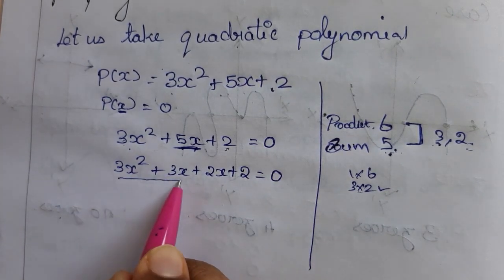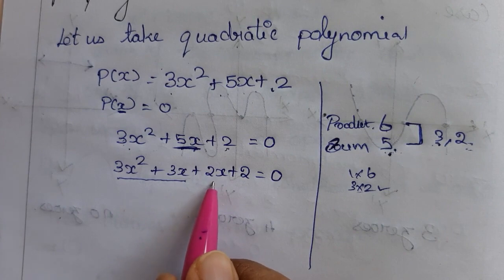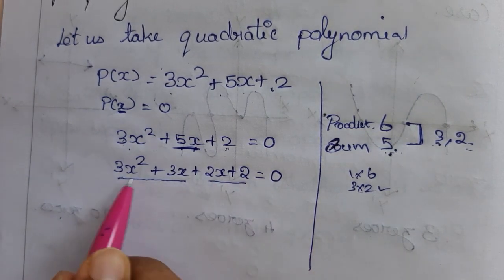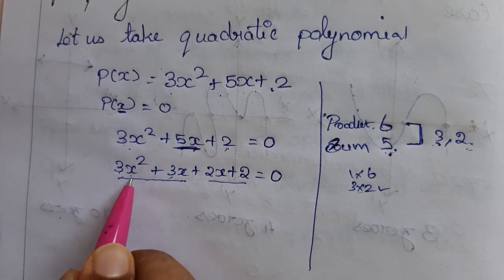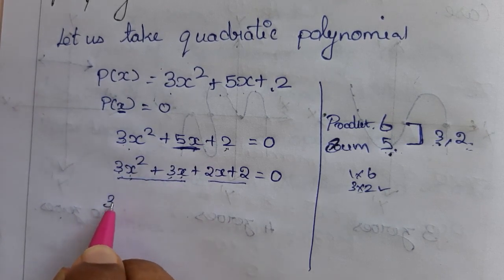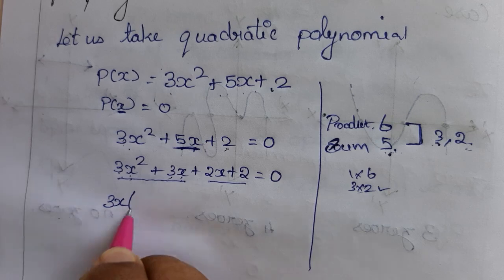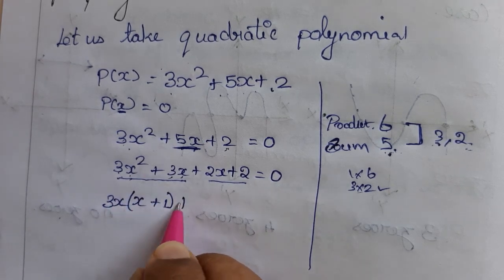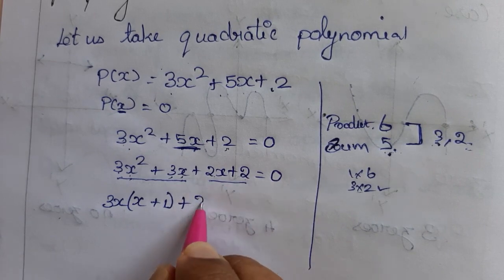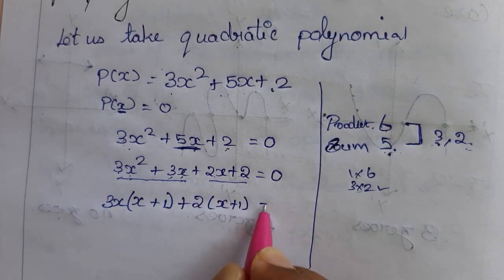Now we will have a common factor in the first two terms and a common factor in the last two terms, right? Here the common factor is 3x. In 3x square and 3x, the common is 3x. Let me take 3x out by applying the distributive property: 3x into x plus 1. Here in the last two terms, what is the common? 2, right? So plus 2 into x plus 1 is equal to 0.